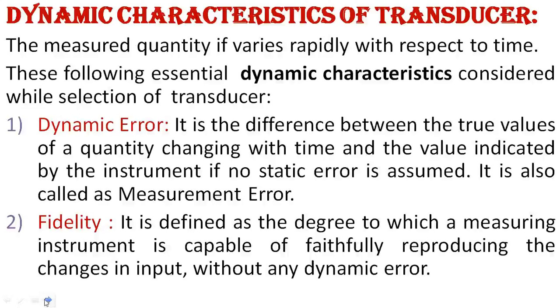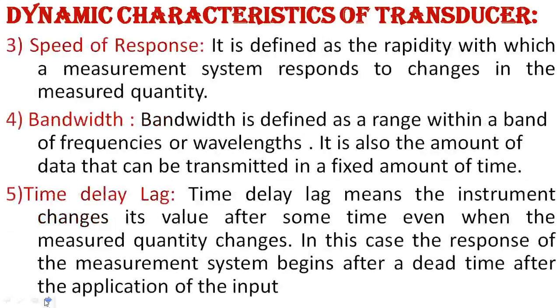When there is no noise and no error, you say the transducer has good fidelity. The next one is speed of response. It is how fast the transducer acts with respect to input and generates the output. It is defined as the rapidity with which a measurement system responds to changes in the measured quantity.